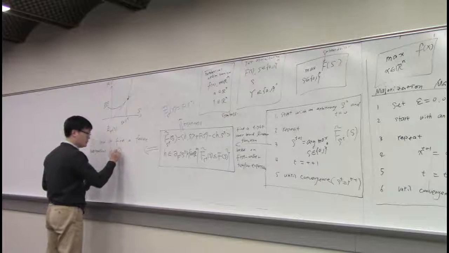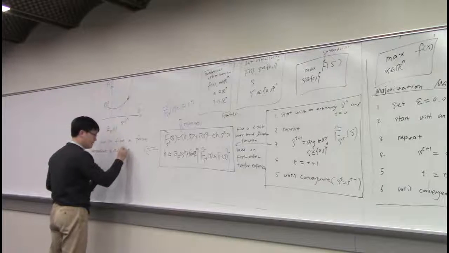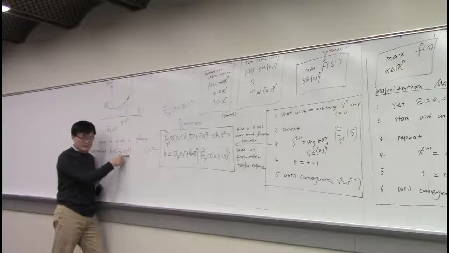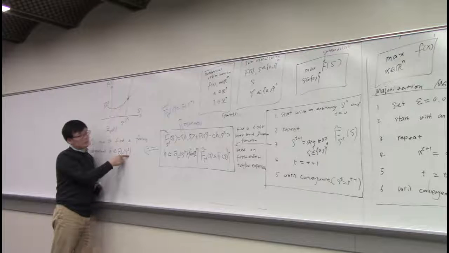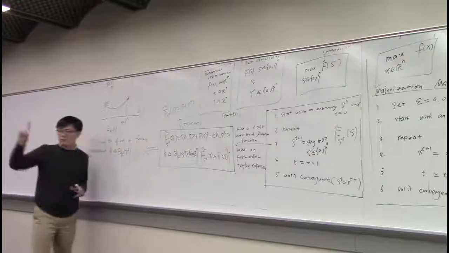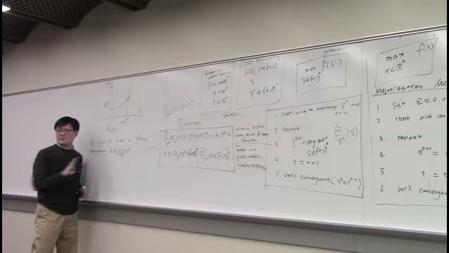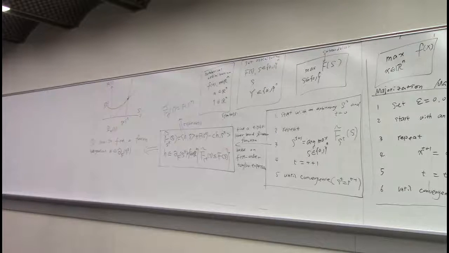This is the subdifferential of f at S_t. It's defined as the set of all possible subgradients. So in order to implement this function, we just need to find one subgradient. Any one is enough. But we need to somehow calculate what is h, right?